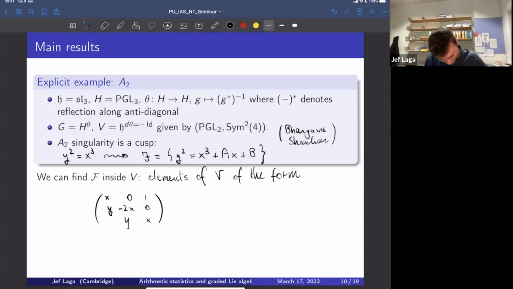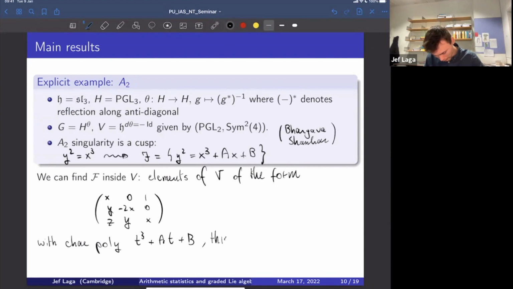If you consider elements of this form, where I see this as an element of V, which is embedded inside this SL3, so 3x3 matrices, so we consider elements of the form with a fixed characteristic polynomial, say t cubed plus at plus b. There is no t squared coefficient because the trace is 0.